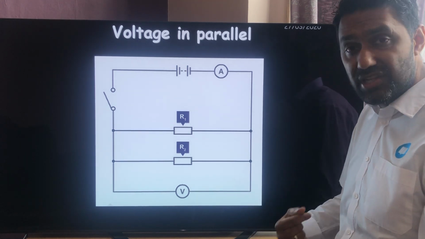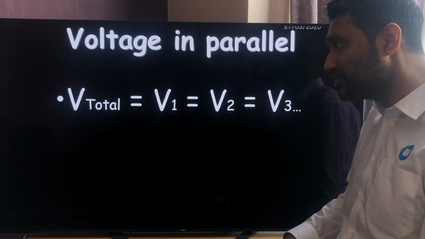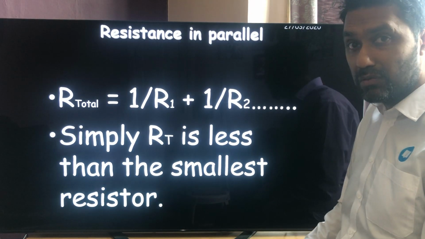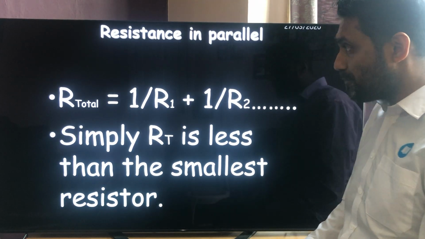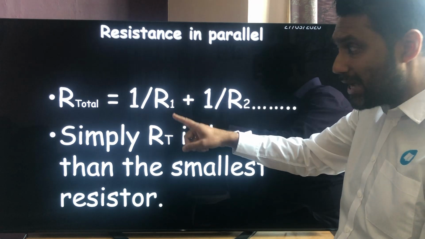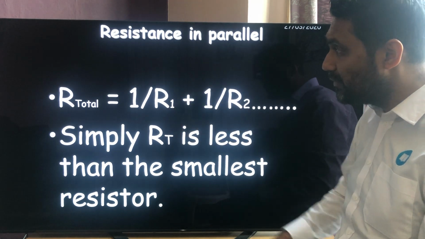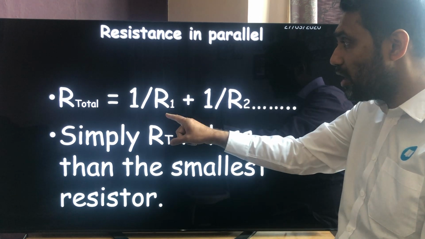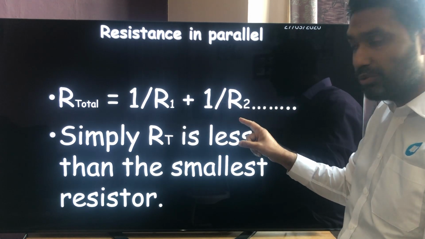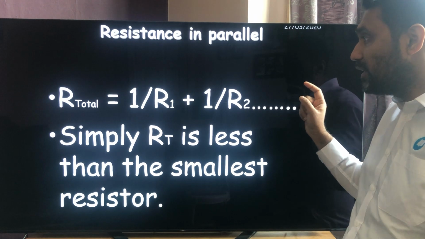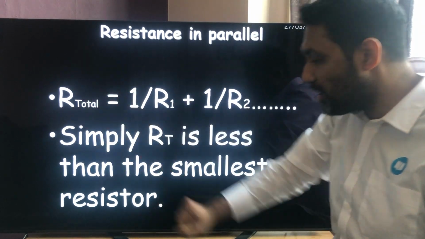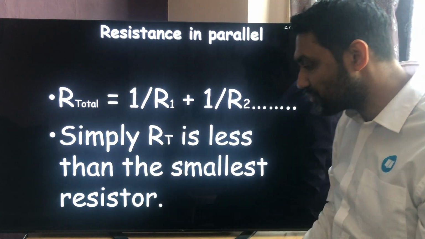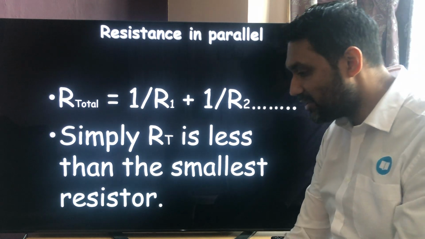If you're thinking of studying this at A level, it used to be in the old GCSEs, when I studied GCSEs a long time ago, we had to learn this formula. And in A level physics, you need to know this formula. The total resistance in a parallel circuit is 1 over R1 plus 1 over R2 and so on. But you'd have to actually do 1 over R there, so it would be the reciprocal of that. So something I missed out there, I can amend it now quickly.